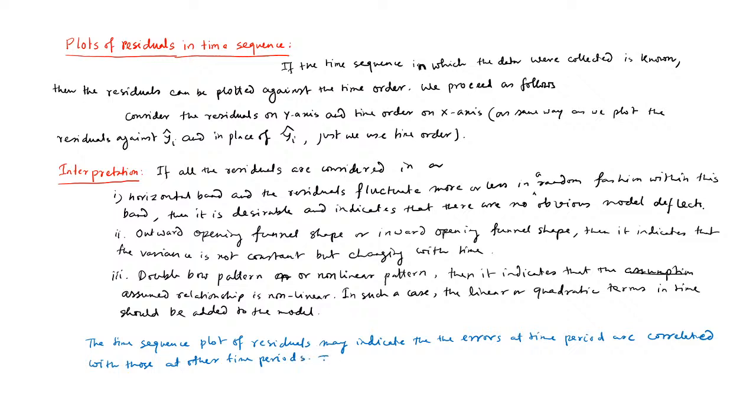The correlation between model errors at different time periods is called autocorrelation.